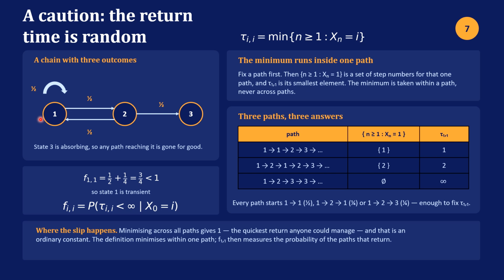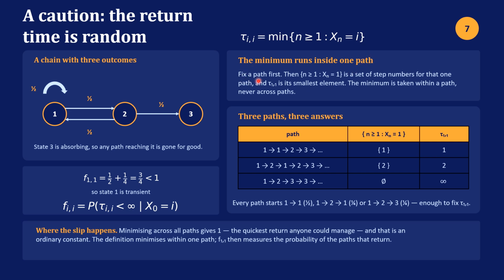So I copied our definition of tau sub i here. It's the minimum over n greater than or equal to 1 of n such that x sub n equals i. So in other words, the minimum time to come back to the starting state. The way we compute this is that the minimum runs inside one particular path.